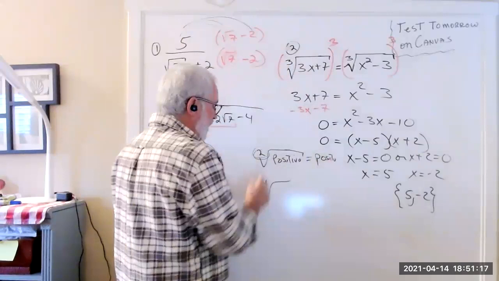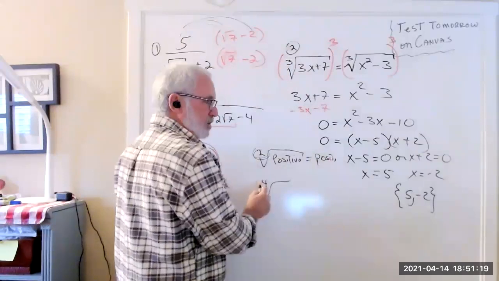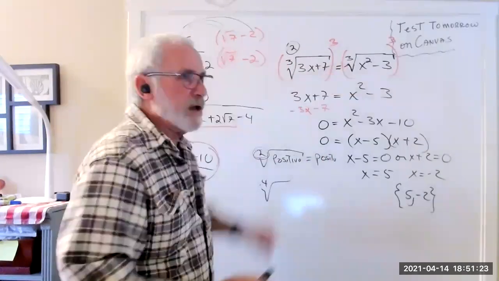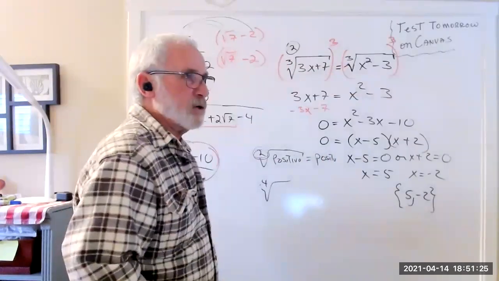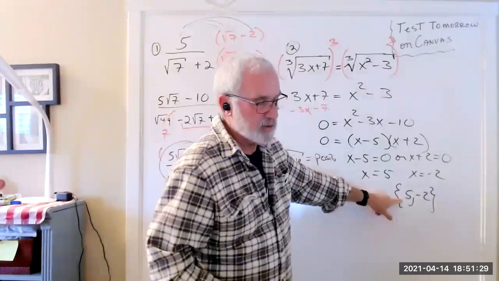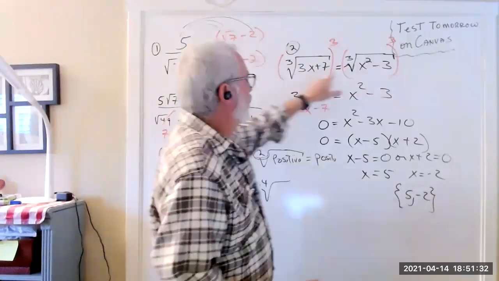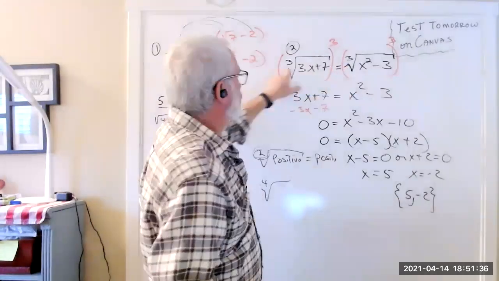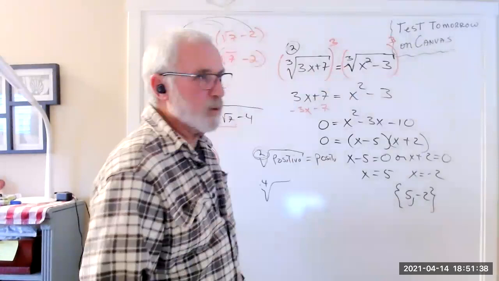Okay, but with a cube root or a fifth root, we don't have any restrictions. So that almost guarantees that whatever answers you get are going to work for a cube root. Now, if this had been a square root originally, things might be weird, but not for a cube root. I believe both of them check.